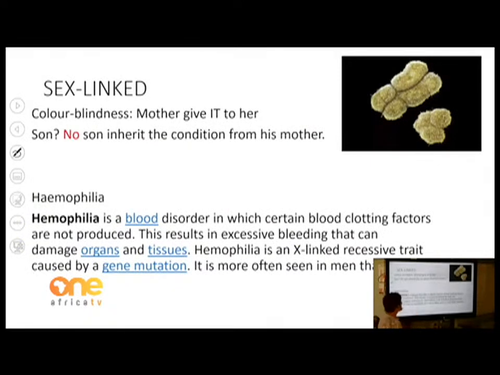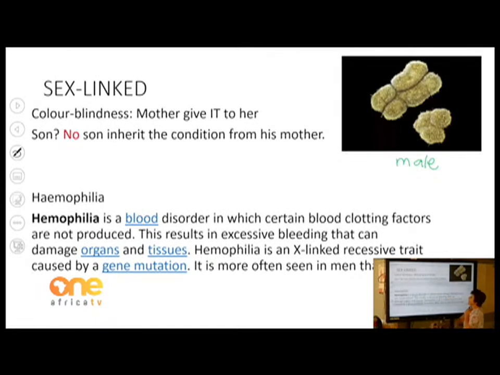Why? Because when we look at the gonosomes or the sex chromosomes, we have one pair of sex chromosomes. Yes? That one pair consists of an X and a Y if you are male. The Y does not have that space to always have the other allele to mask it off.